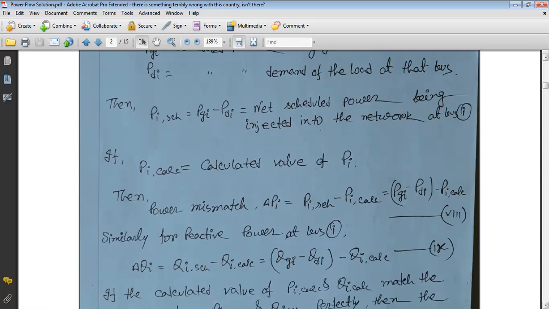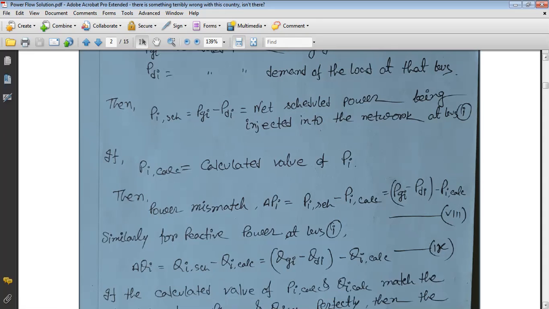Now if we have to calculate the power mismatch equation, then the power mismatch means the scheduled power minus the calculated power. It should be 0, because if it is 0, it means that there is no power mismatch: the power which should have been injected from a particular bus to other buses and the calculated power represent the same value.